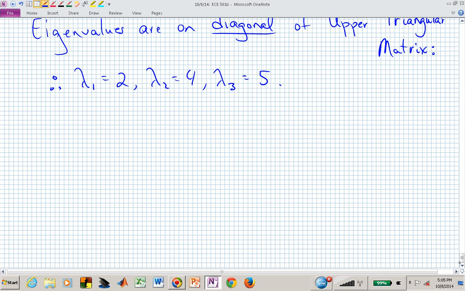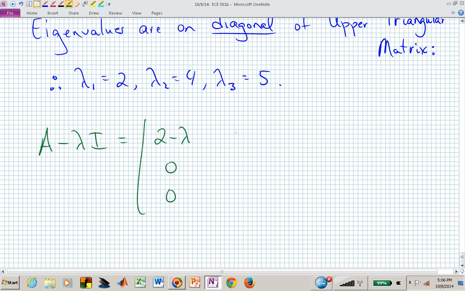And if we want to now compute this matrix A minus lambda I, we now simply subtract lambda off the diagonal of our upper triangular matrix. We now have 2 minus lambda, 0, 0.